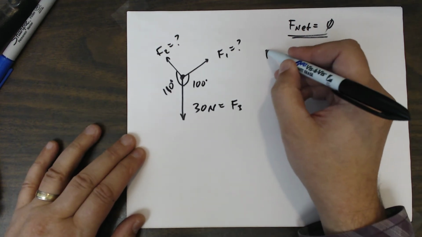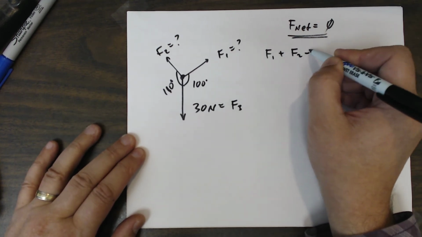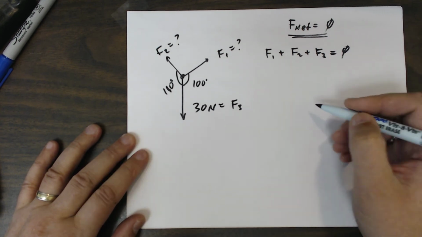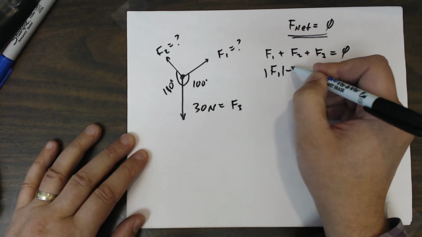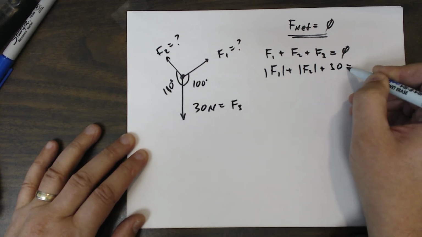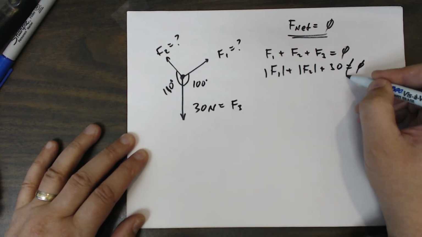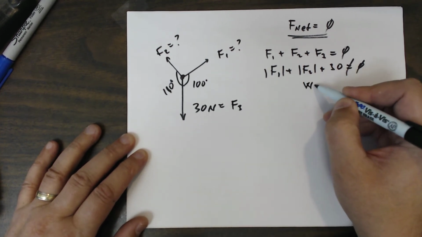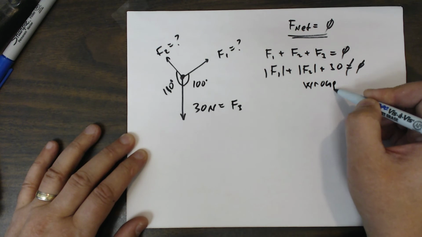Which means again F1 plus F2 plus F3 equals 0. But we can't add the numbers which represent magnitudes because that never works. So that is wrong.